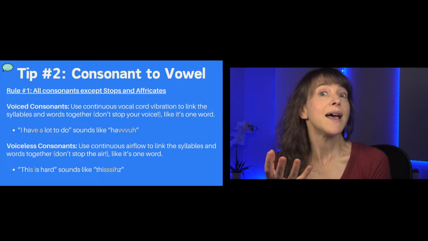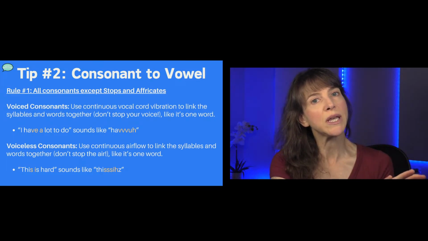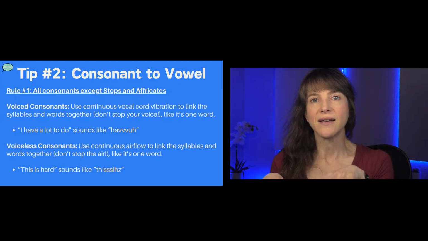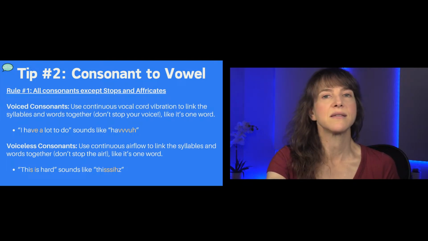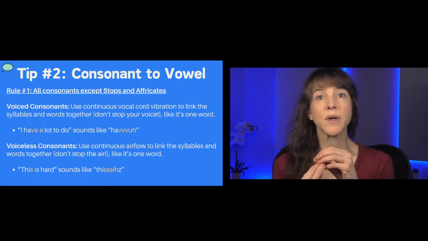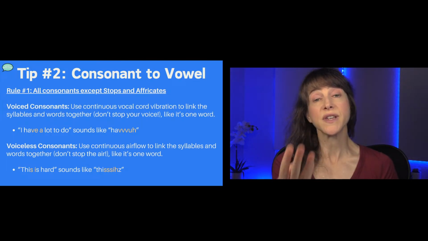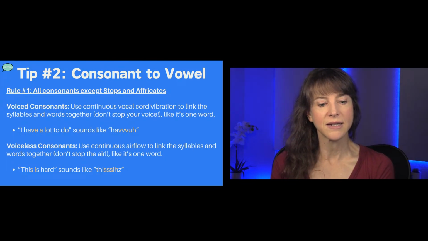So allow that S consonant to carry you over to the beginning of the next word, and then the S consonant begins the next word. This is, this is. Again, continuous airflow. That's the link here, continuous airflow or continuous vocal cord vibration, depending on the consonant.